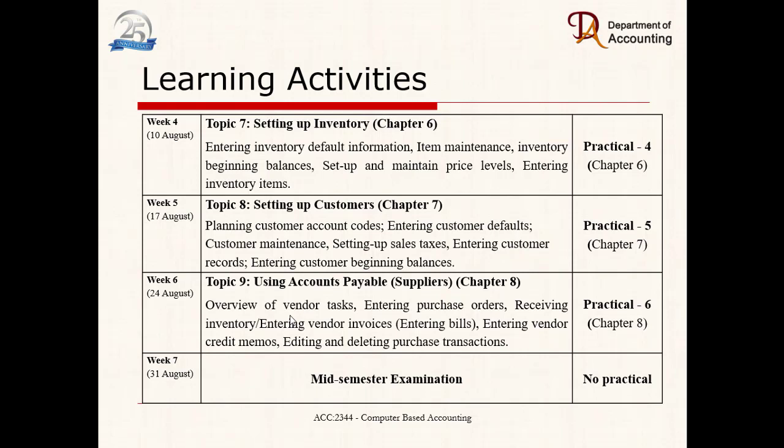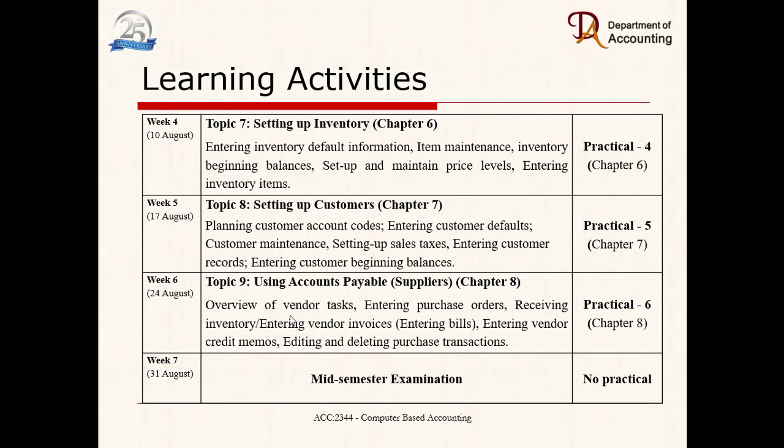Then we have week 5. In that we'll be discussing the customers. Like you discussed earlier about the suppliers, now you'll be discussing about the customers. So when it comes to these customers, as usual, you'll be setting the defaults, the information that is applicable for most of the customers.